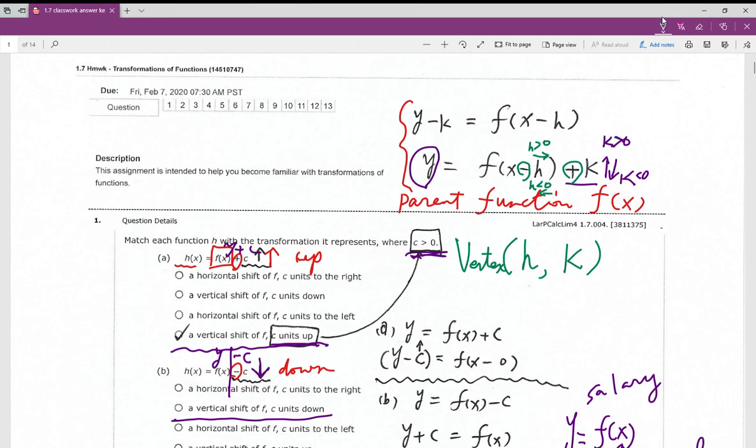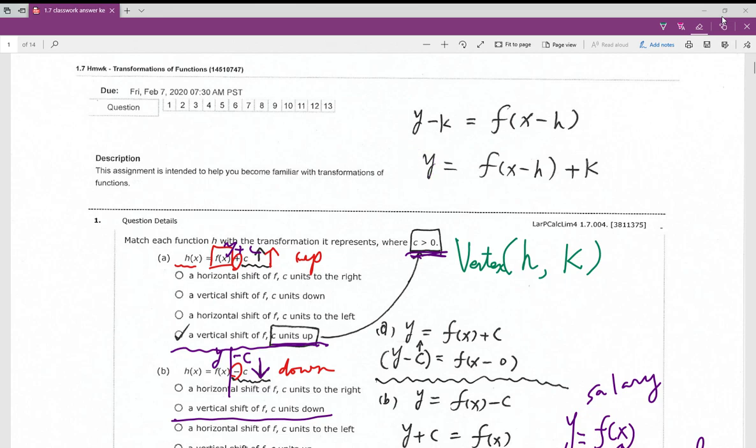Think about that. One more time, let me erase everything and make the formula very easy to understand. I talked about this algebraically earlier today, right? These two functions actually are the same. If you take away k on both sides, what do you have?